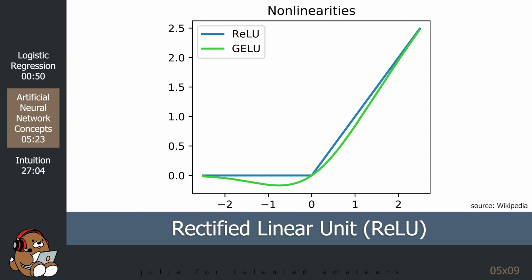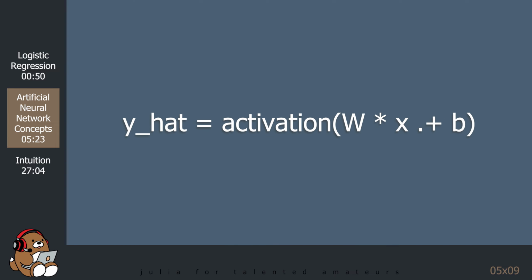Here's a diagram of the ReLU function. So when x is negative, y is 0. And when x is positive, y just equals x. Just like in logistic regression, the linear portion of the model is passed through the nonlinear portion of the model.